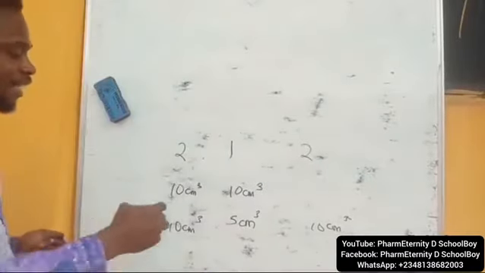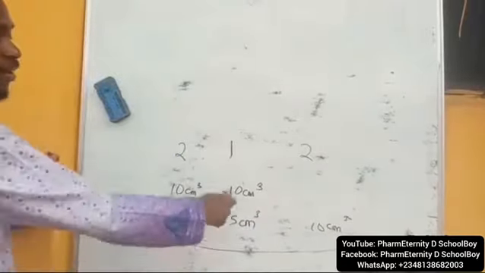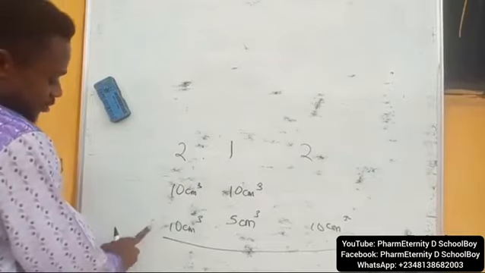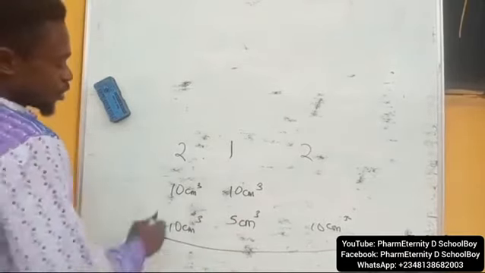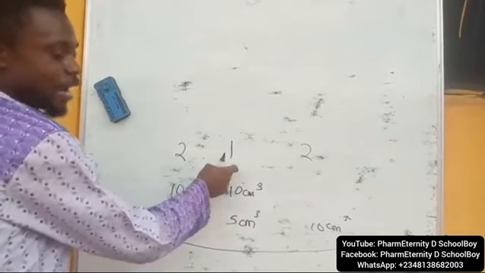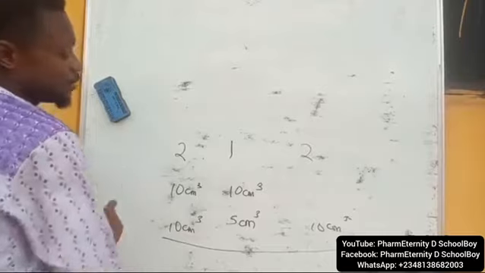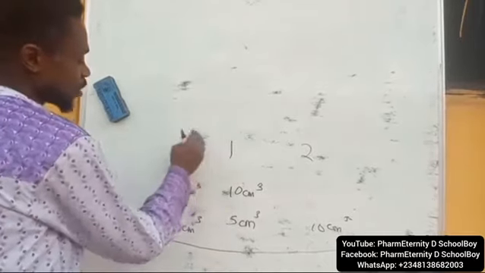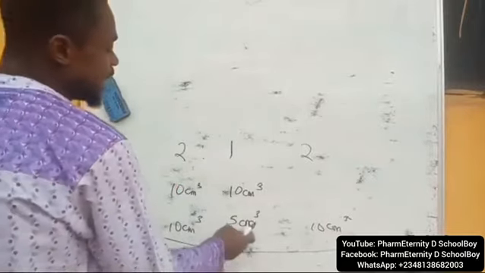So if that is the case, let's calculate the remaining oxygen that did not react. All the hydrogen reacted, but oxygen only 5 cm cube, because of the ratio of its combining volume with hydrogen.